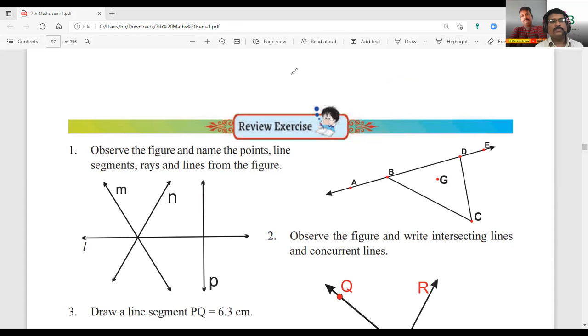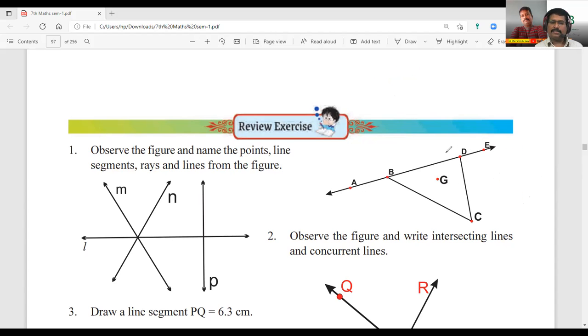First, this is line AE. Next, AB line segment, BD line segment, and also DE line segment.